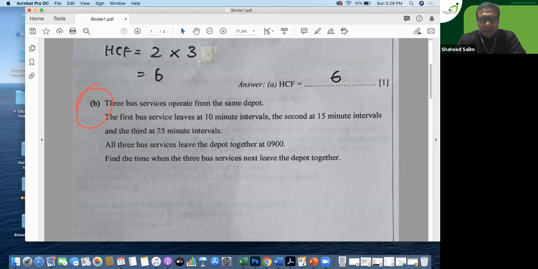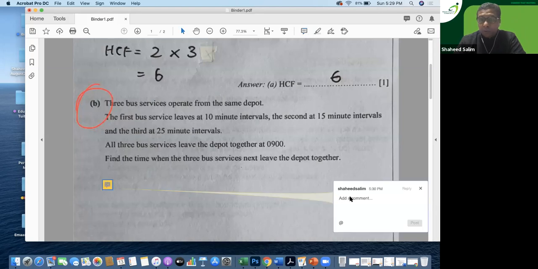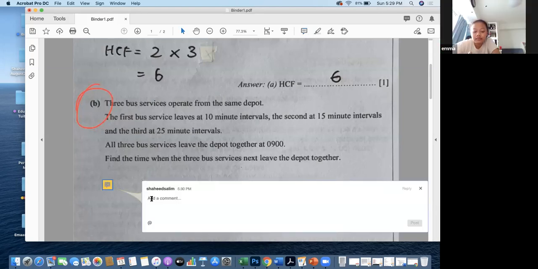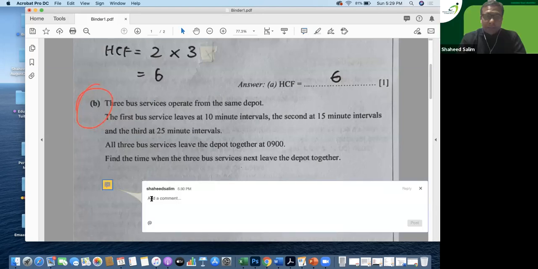The first bus service leaves at every 10-minute intervals. So let's say it starts at 9 a.m. We are looking at the 10-minute interval. What's the next time that the bus will leave?